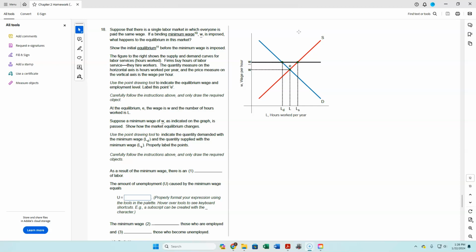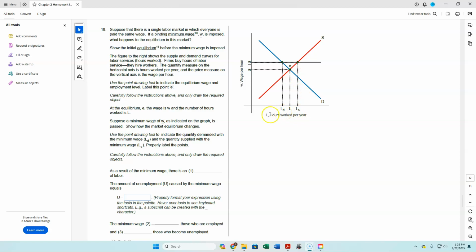Then in 18, what we're relying on here is that if I impose a minimum wage that's above the equilibrium, then what we would see, as is typically the case with the minimum wage, is that there'd be a surplus of labor, or an excess supply of labor, where our amount of unemployment is going to be the difference between LS minus LD.